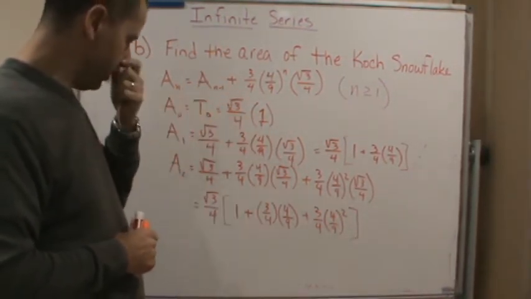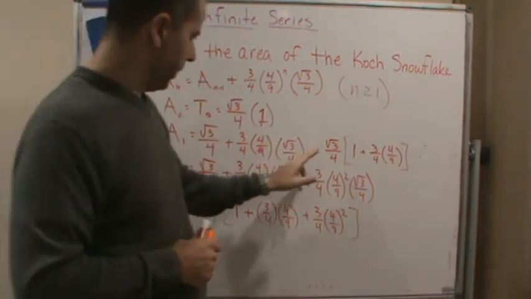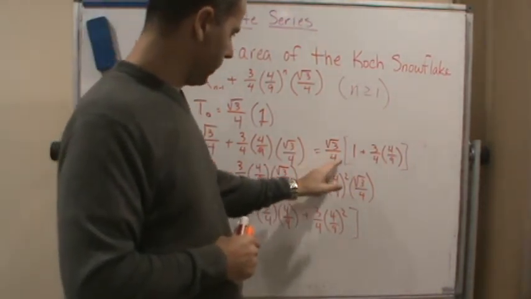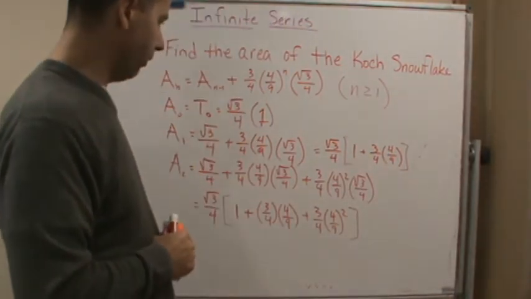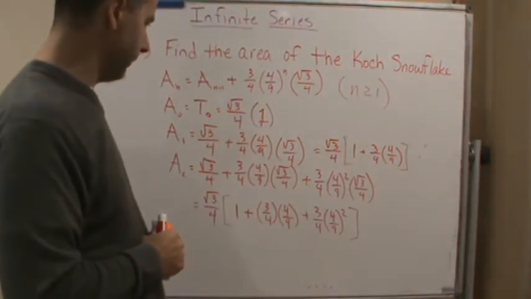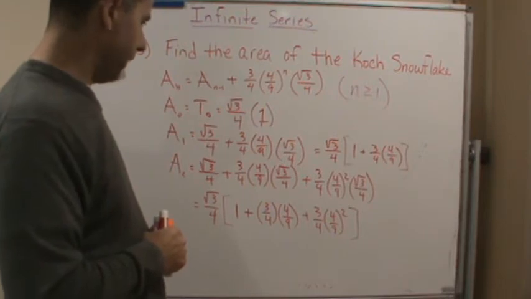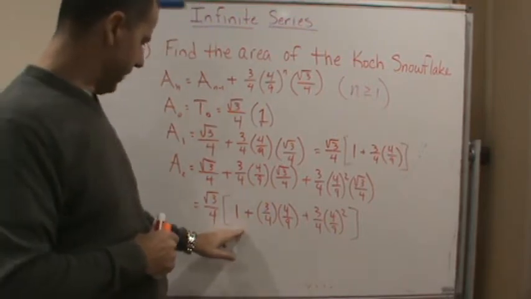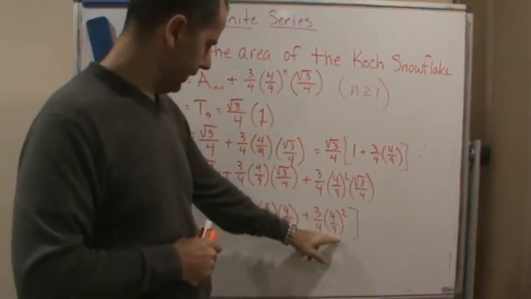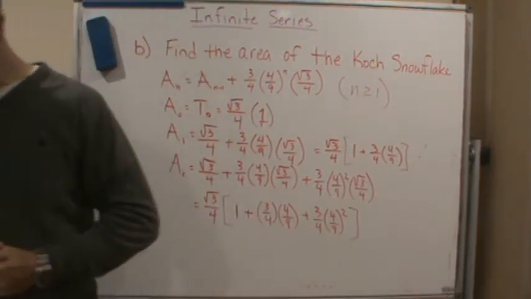You could put a 1 in there. And then a1, we get the square root of 3 over 4 times the quantity 1 plus this. And then a sub 2 gives us this, where now we end here at 3/4.